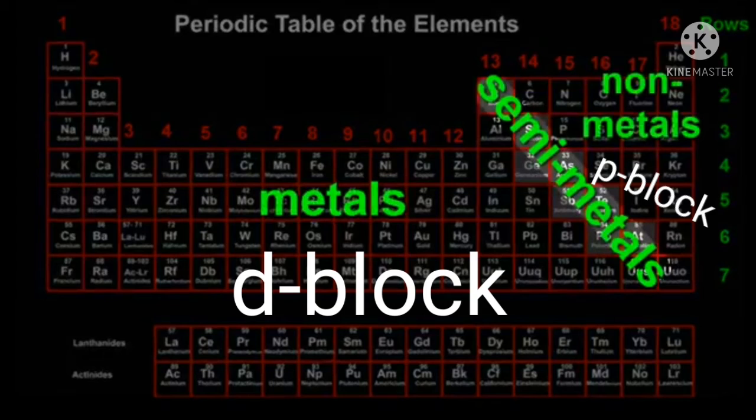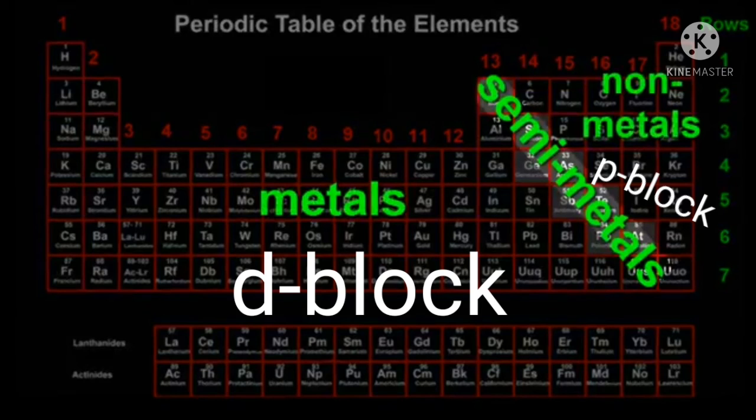The elements are also divided into three types: metals, non-metals, and metalloids. We see there is a zigzag line, the boundary line between D block and P block.